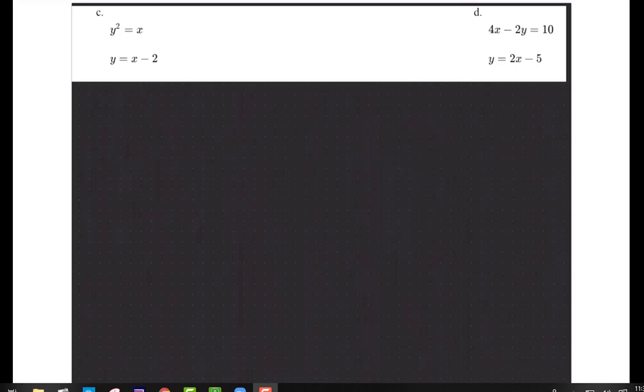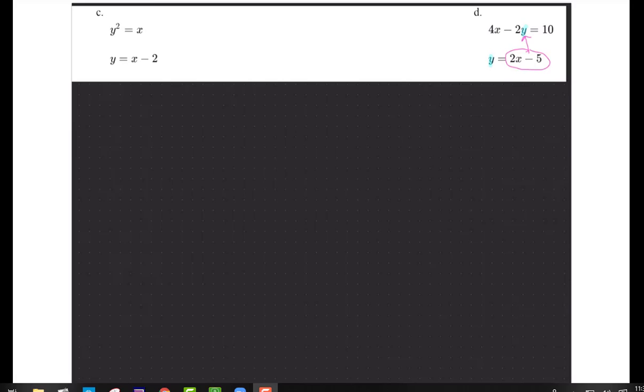You can substitute a y for 2x minus 5, y equals. Yep, absolutely. Because they already solved it for one of the variables. They solved it for y, right? And this y is the same as that y. So we're going to take and put that in there for the y, right?